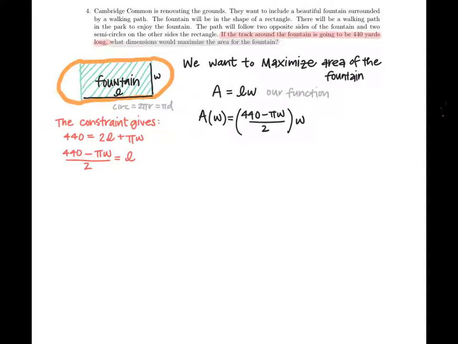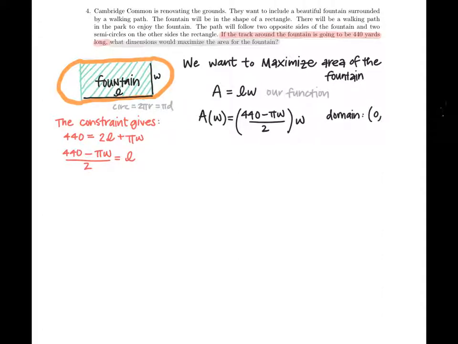And if W were 0, this fountain would cease to exist. So W definitely cannot be negative or 0. The very smallest that W could be would be 0, non-inclusive of the endpoint, so any positive number greater than 0. So we're going to say the domain here begins at 0, but I'm not going to include the endpoint.